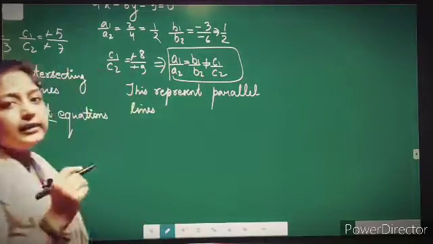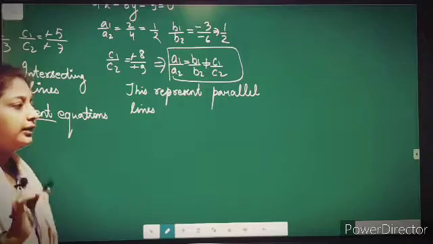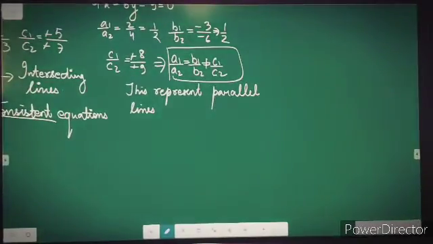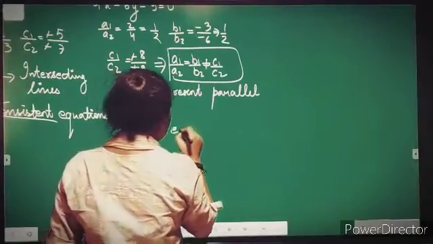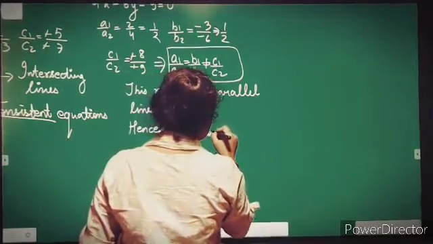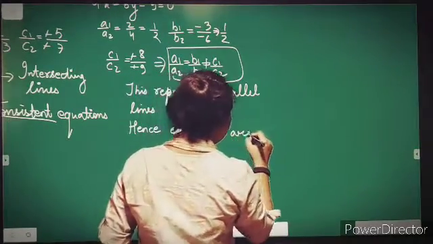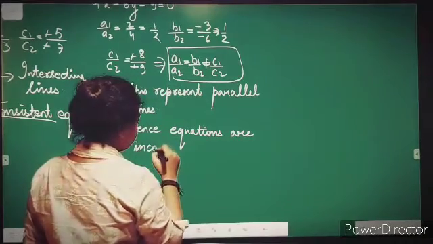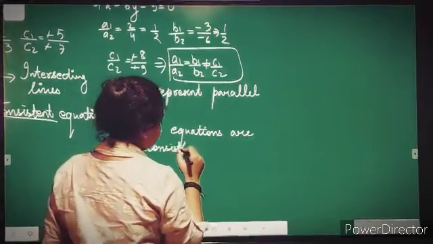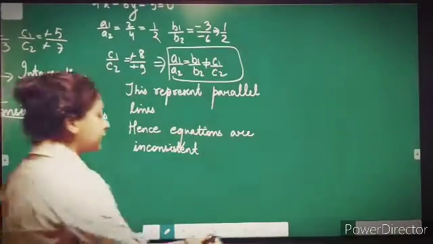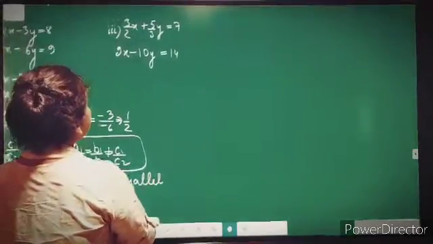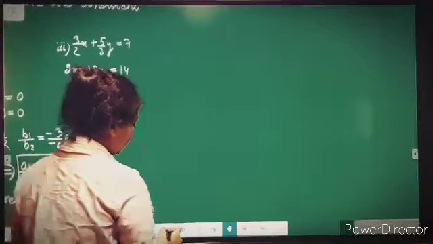Now since parallel lines never meet each other, no solution exists for them. Hence, the equations are inconsistent. So this is the case of inconsistent equations.